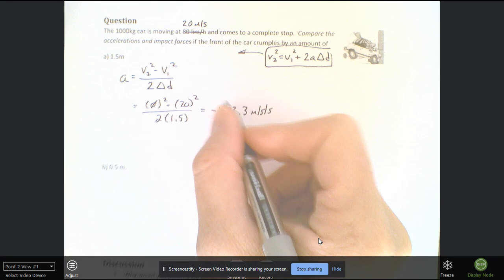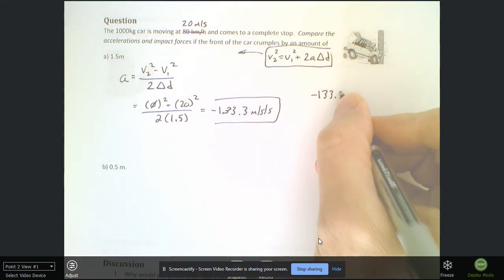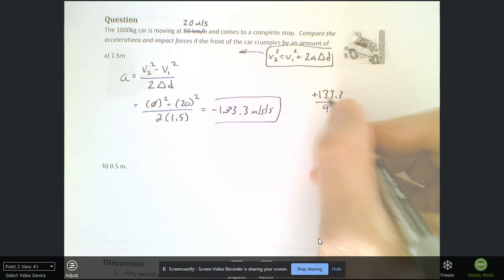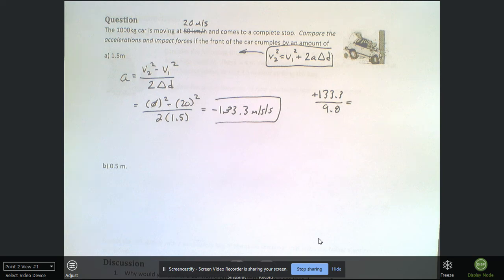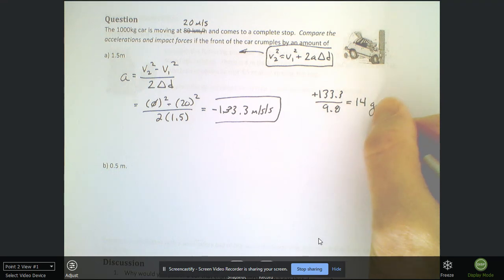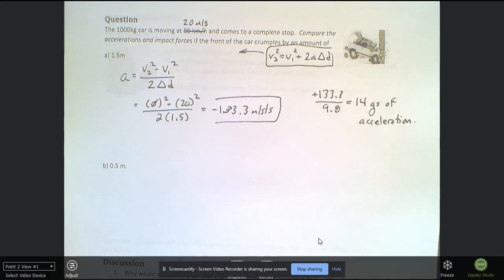That's a big acceleration. If we take that 133.333 divided by 9.8, we're not going to worry about the positive and negative here, it's approximately 14 G's of acceleration. So 14 times the acceleration of gravity is how fast that object would come to rest.